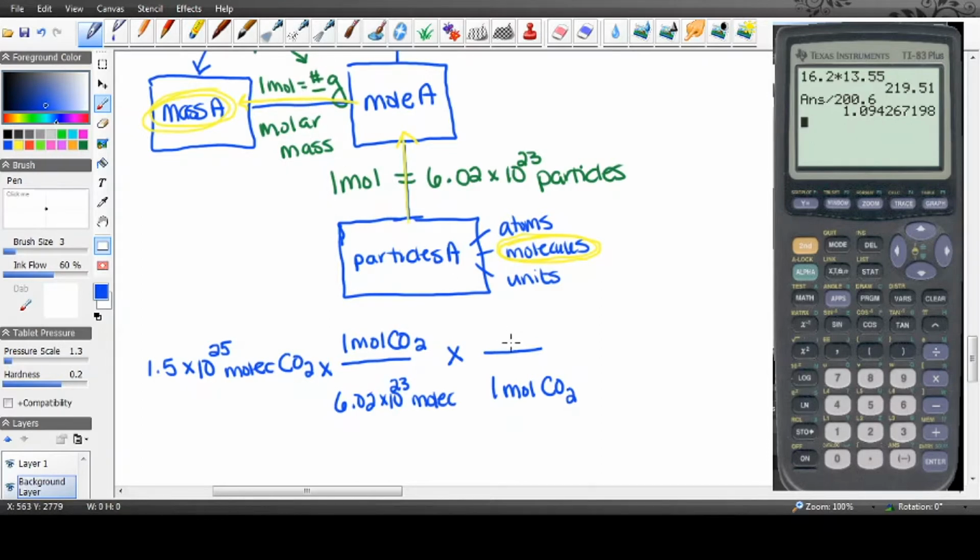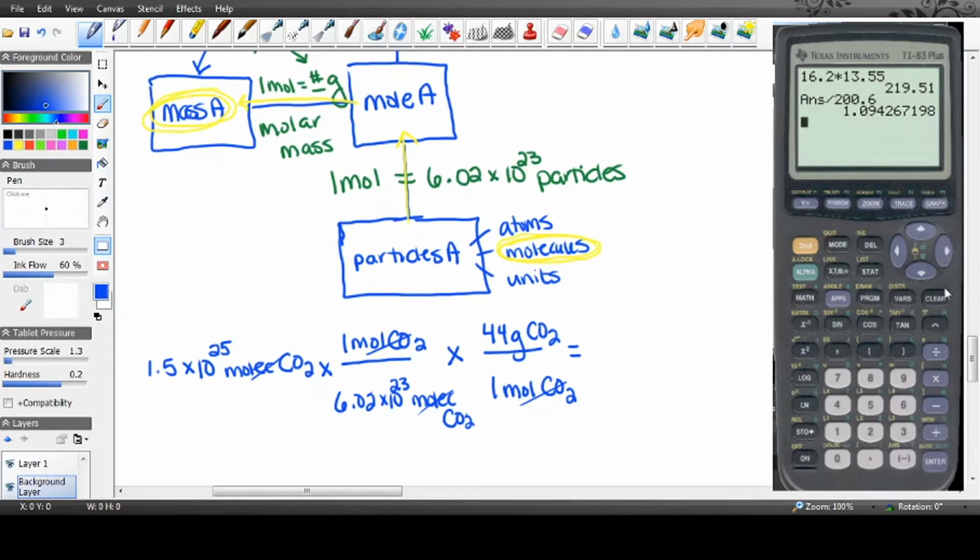And again, I get that off of the periodic table. Carbon has a mass of 12. Oxygen has a mass of 16 times 2 for the 2 in the CO2. So that is a molar mass of 44 grams per mole. So my molecules cancel. Oops, I should have said molecules of CO2. My moles of CO2 cancel, and I'll be in grams of carbon dioxide.